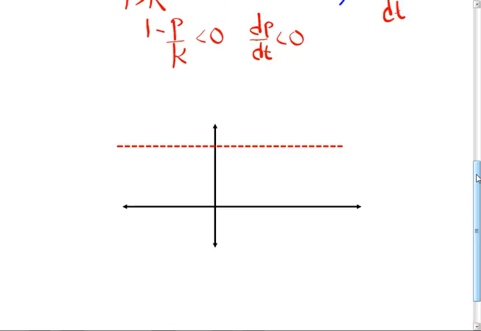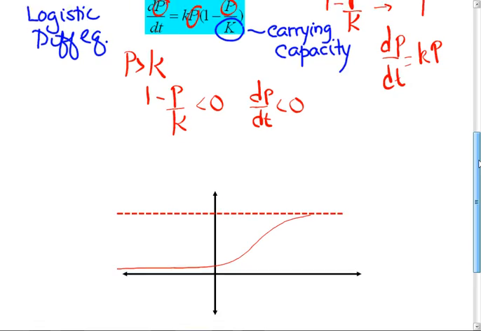Here's just a curve that we just drew. Now, if P is equal to 0, okay, you guys? If P equals 0, then what's dP/dt? If P equals 0, dP/dt is equal to 0.